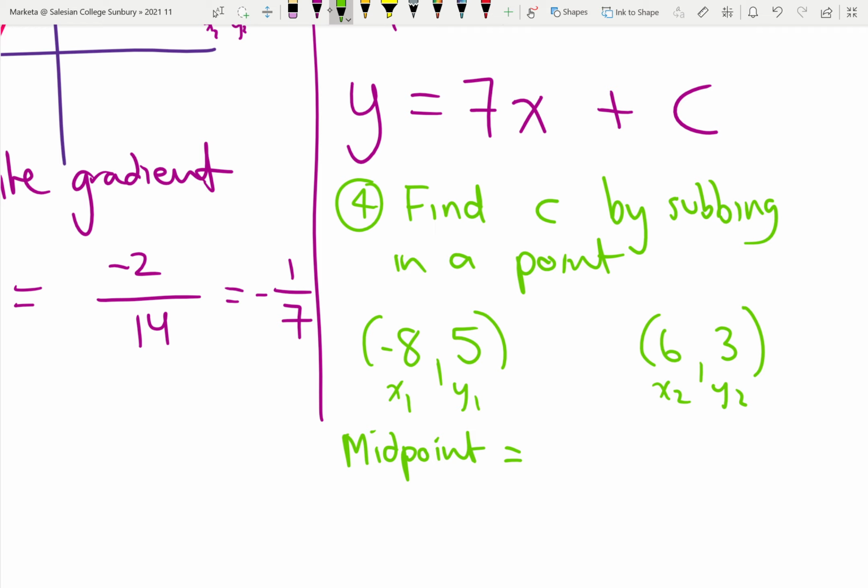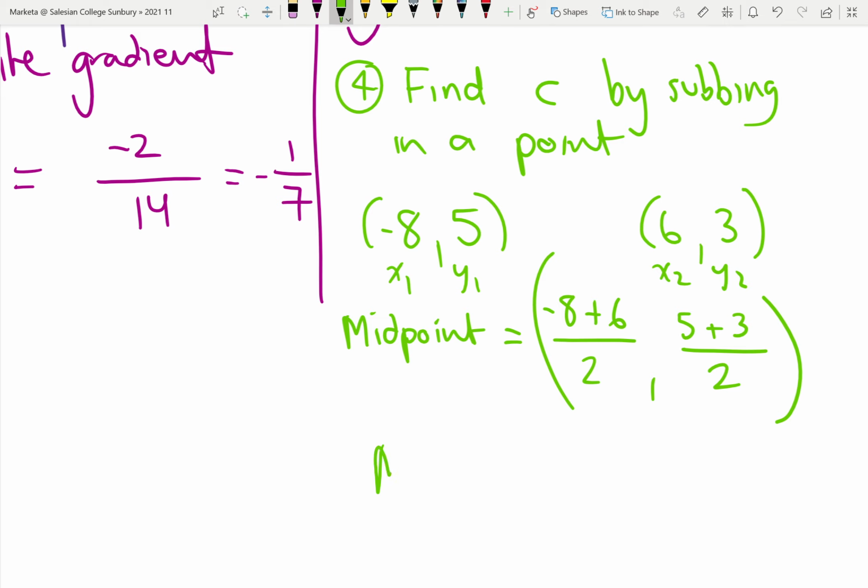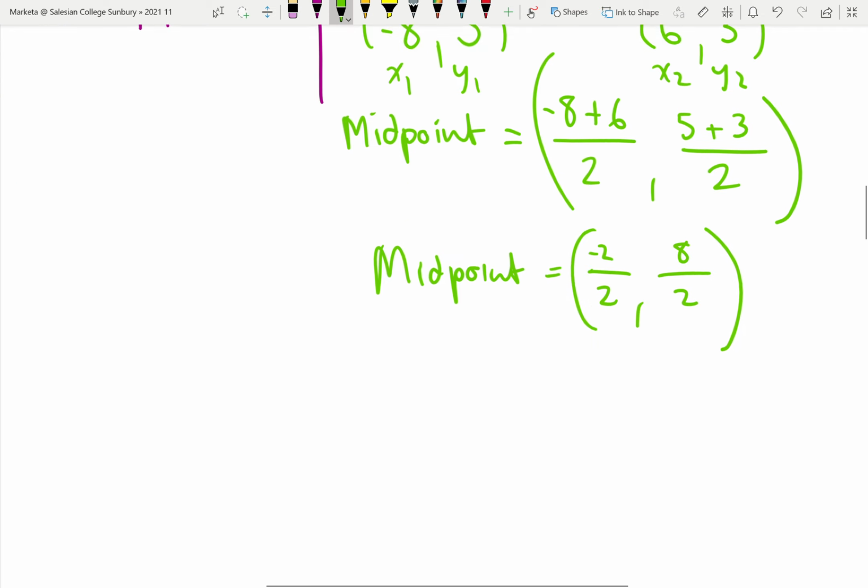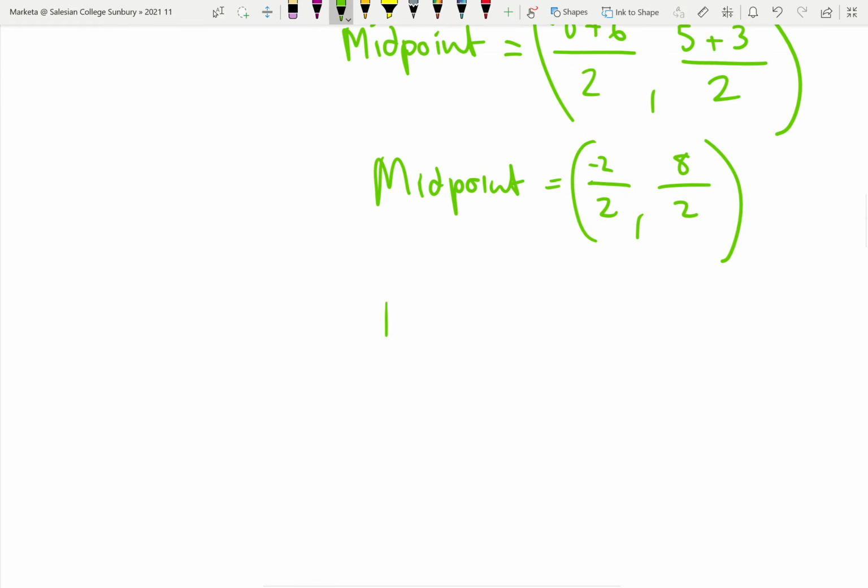So let's say x1 plus x2 over 2, and y1 plus y2 over 2. So midpoint is negative 8 plus 6 is negative 2, 5 plus 3 is 8, over 2. So that gives us negative 1, 4. So that's our midpoint.